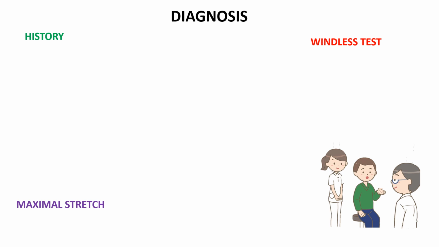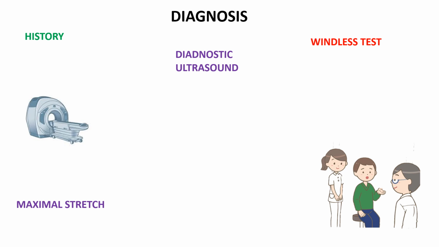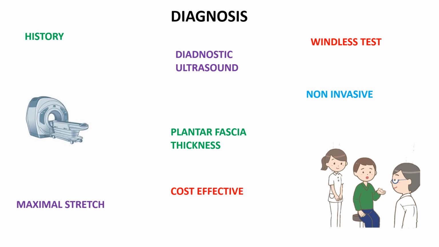Diagnostic ultrasound and MRI may also be useful, and ultrasound confirms plantar fasciitis by measuring the plantar fascia thickness. As ultrasound is non-invasive, cost effective and radiation free, it is considered for early diagnosis of plantar fasciitis.